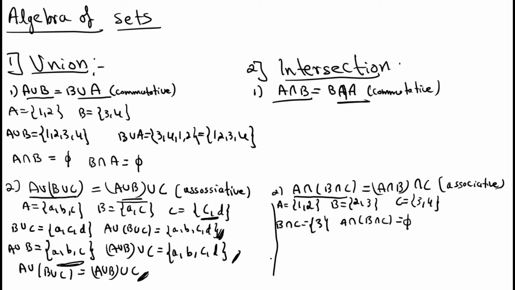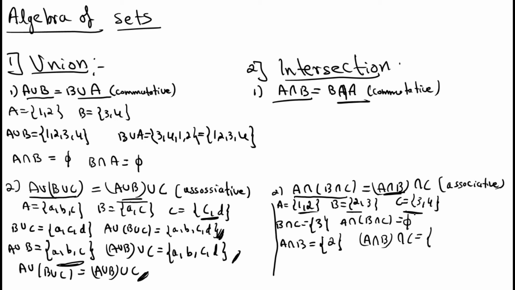Prove the RHS. First what you have to calculate? A intersection B. What is A intersection B? Common element in A and B, that is 2, right? So A intersection B is equal to {2}, and intersecting with C, set C is equal to {3, 4}.